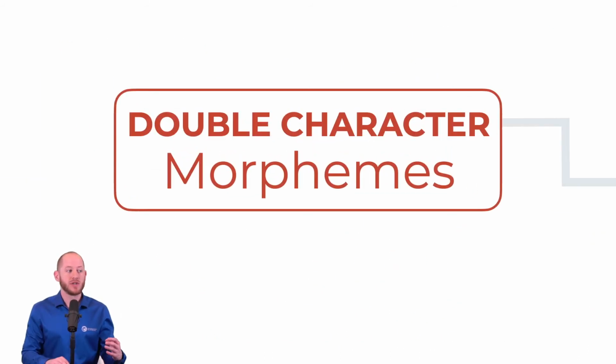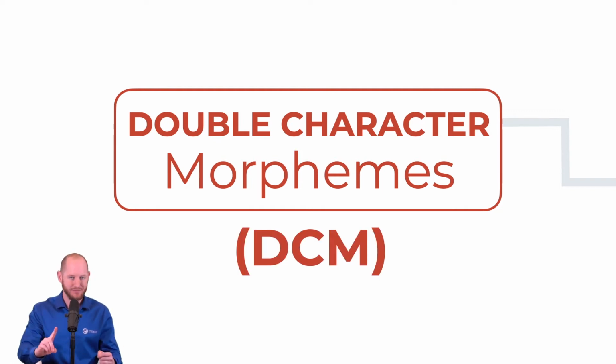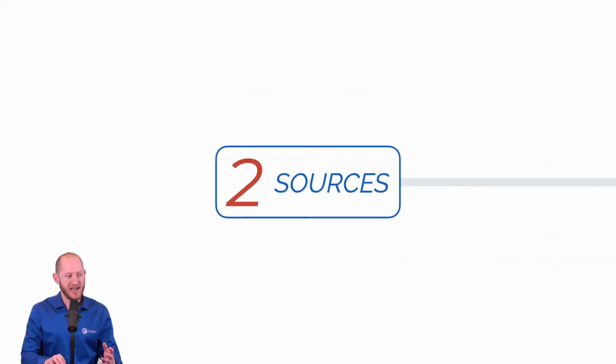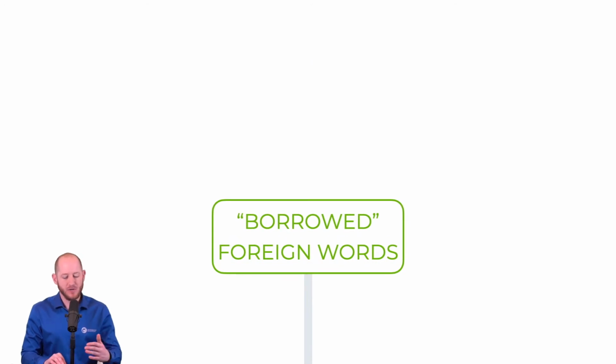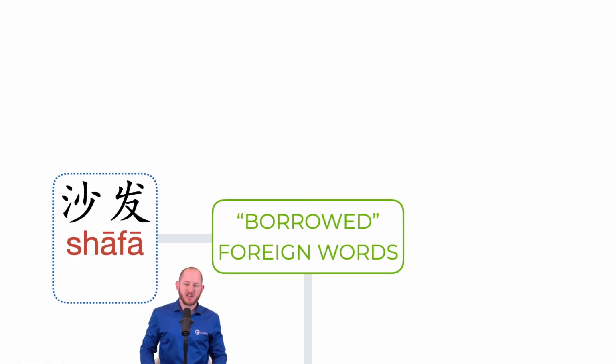For example, you could have a double character morpheme, which means that you need both characters to create one meaning. Let's take a look. There's usually two sources for these. You can have borrowed foreign words is the first one. And so take something like shafa, shafa. So if you were to think, what might this be?